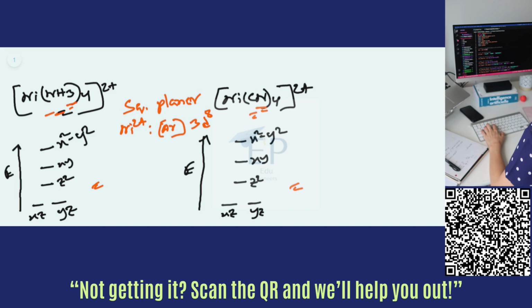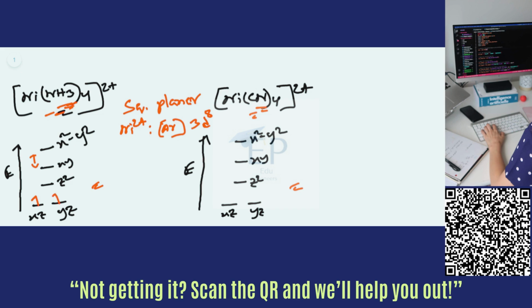And that's why, since we know that for a weak field ligand or a comparatively weaker ligand, the energy gap between the split orbitals will be low, and that's why the electrons will be able to occupy all of the orbitals first, one at a time.